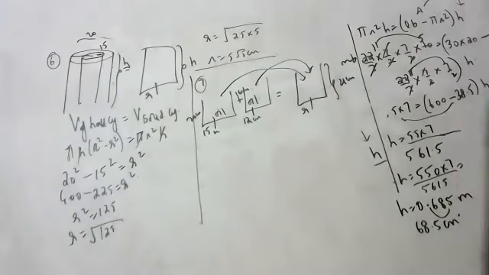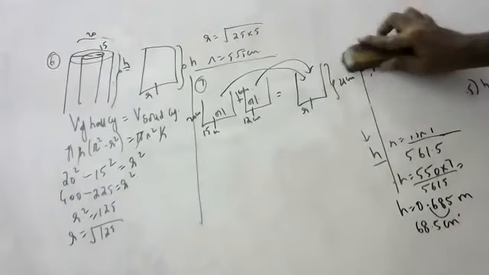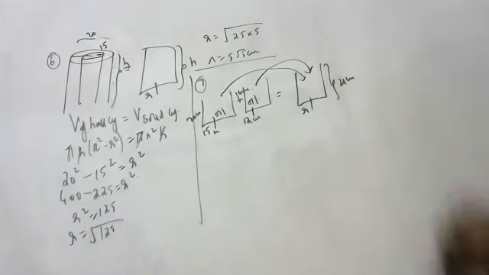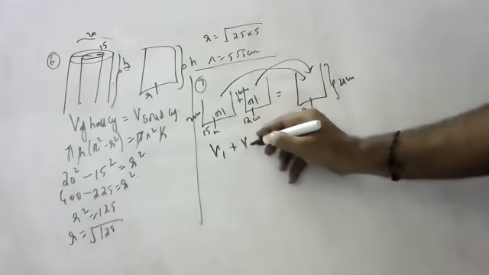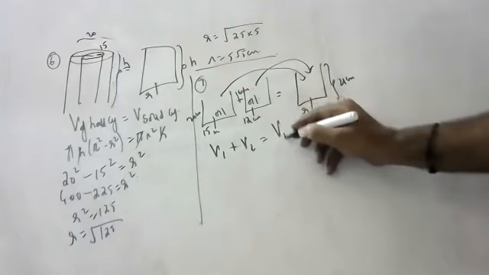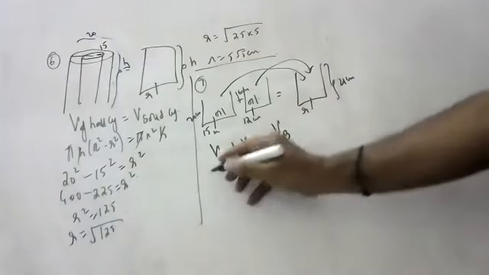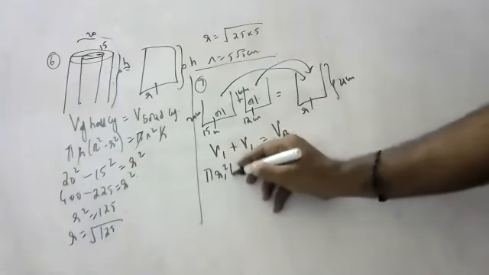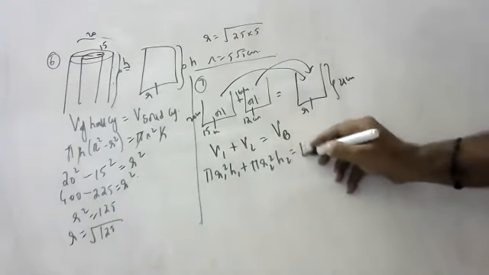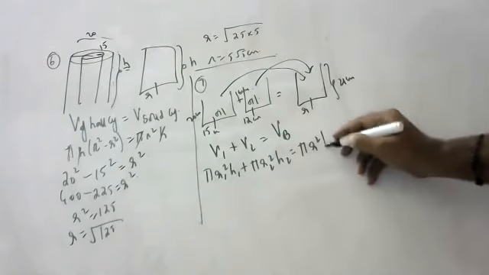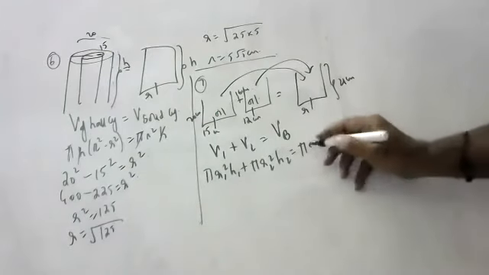Anyone? Vikram is not there. Neeraj? Yes, sir. Sir, volume 1 plus volume 2 is equal to volume of the big cylinder. Okay, pi r1 square h1 plus pi r2 square h2 is equal to pi r square h.